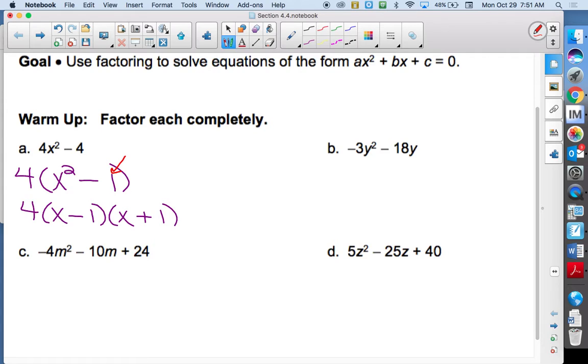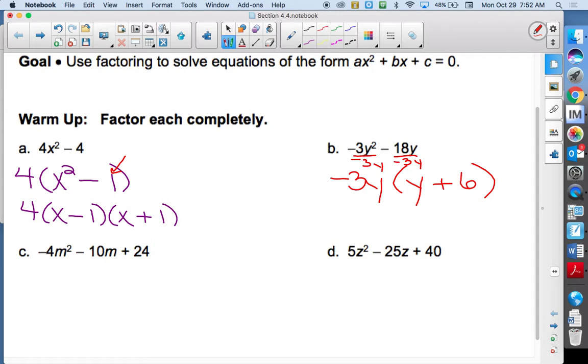The next one, letter B, we have negative 3y squared minus 18y. Eden, what can we pull out of there? Do they have a GCF in common? Negative 3y. Both of them have a negative 3, but they also contain a y because we have a y squared and a y. And Eden, what's left inside them? If you're dividing by negative 3y, that's what you're really doing when you're pulling out a GCF.